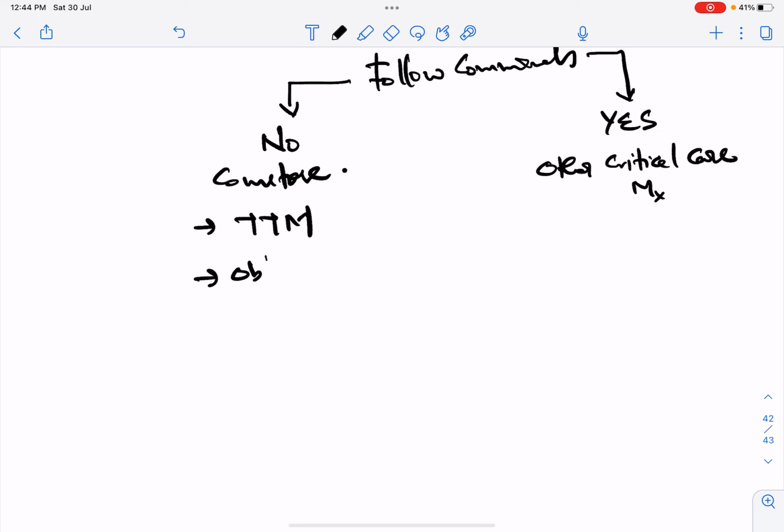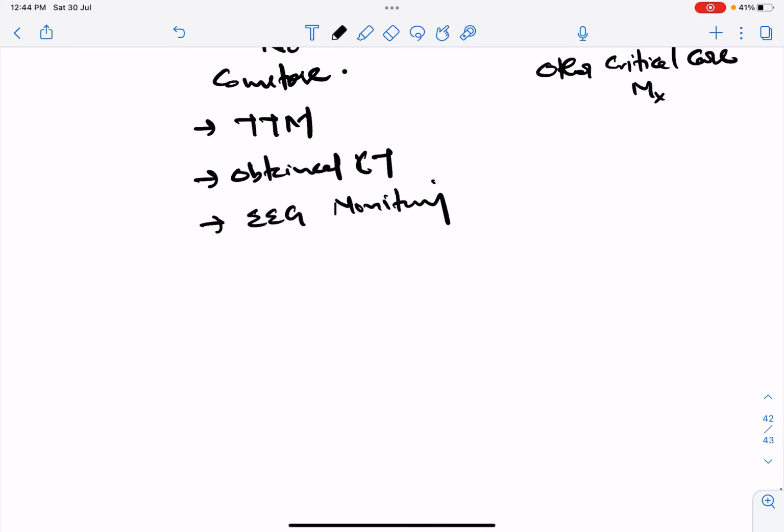Obtain a CT to rule out any intracranial bleed. Then EEG monitoring for evaluation of seizure. And here also it includes other critical care management. We will discuss each later.